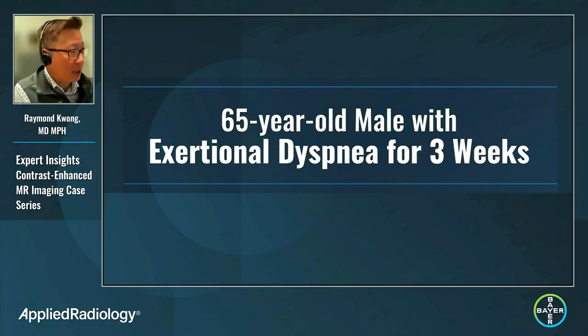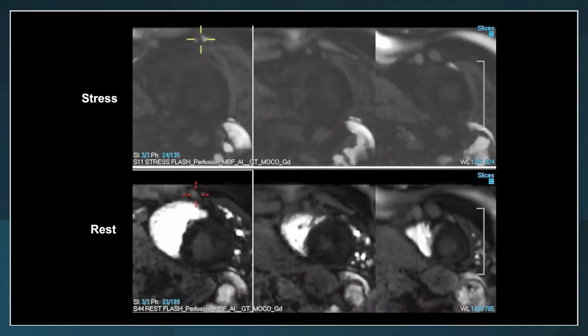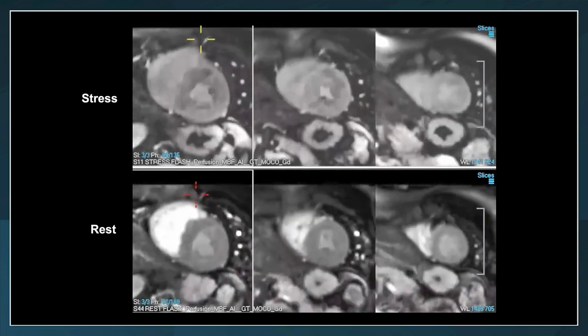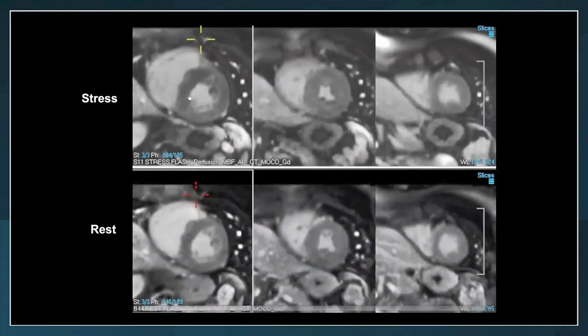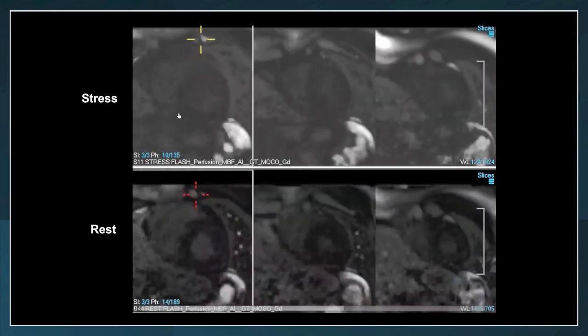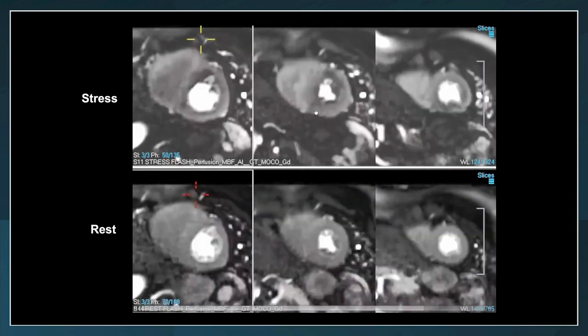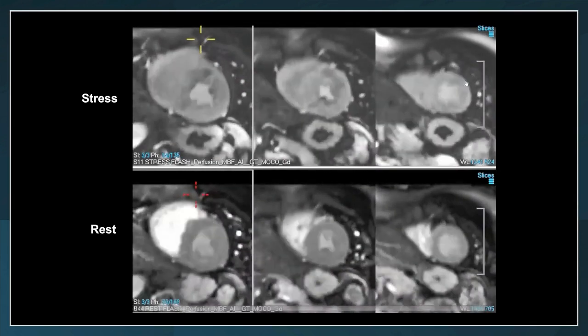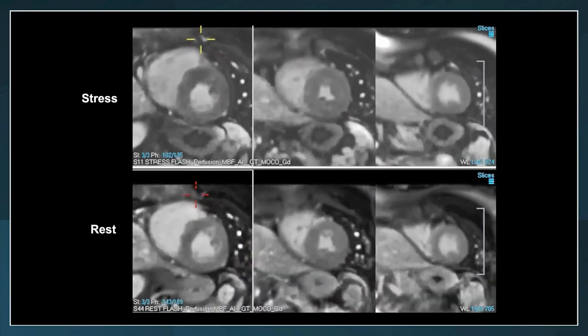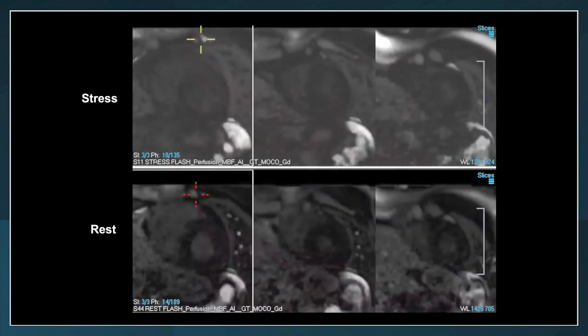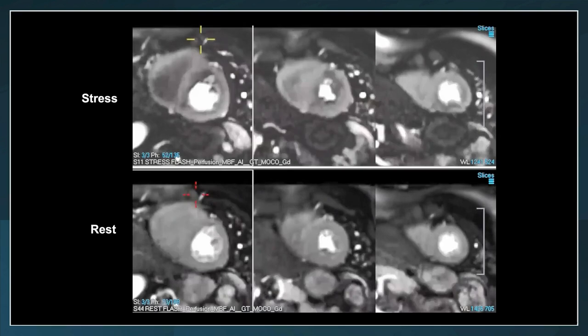Here's another case of a 65-year-old gentleman who presented with exertional dyspnea for about 3 weeks. On the top panel you can see the stress perfusion imaging arranged by the basal short axis cut, the mid short axis cut, and the apical short axis cut. In the same orientation on the bottom are the rest perfusion images.